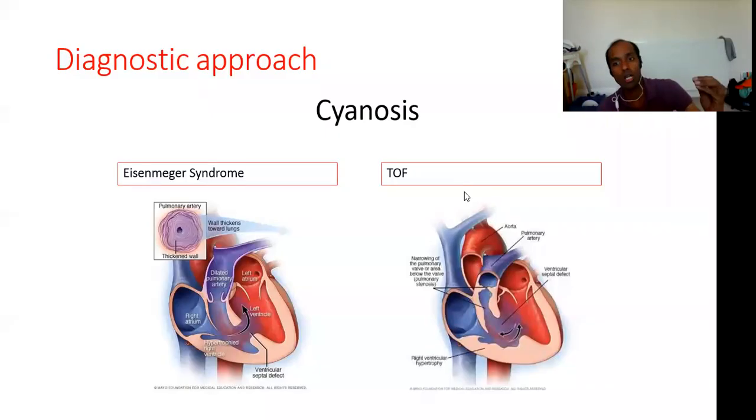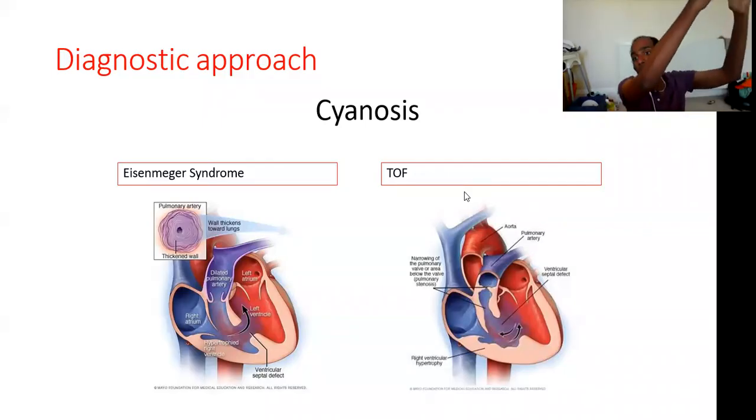And that's what causes the reversal ultimately. It starts reversing the other way, because the right heart pressure is more than the left heart pressure now. So, pulmonary hypertension is the main problem in Eisenmenger syndrome.